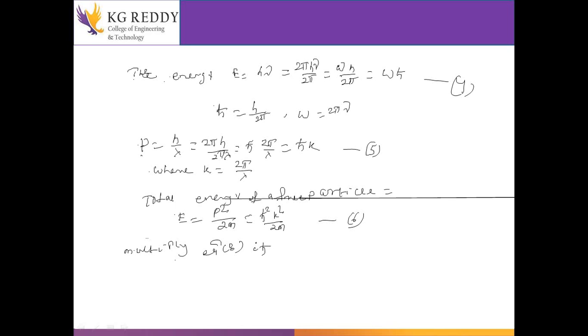Then I get i h cross del psi by del t equals h cross omega psi. Clear? Next, i h cross del psi by del t equals h cross omega psi, and h cross omega from equation 4 is E, so it equals E psi.